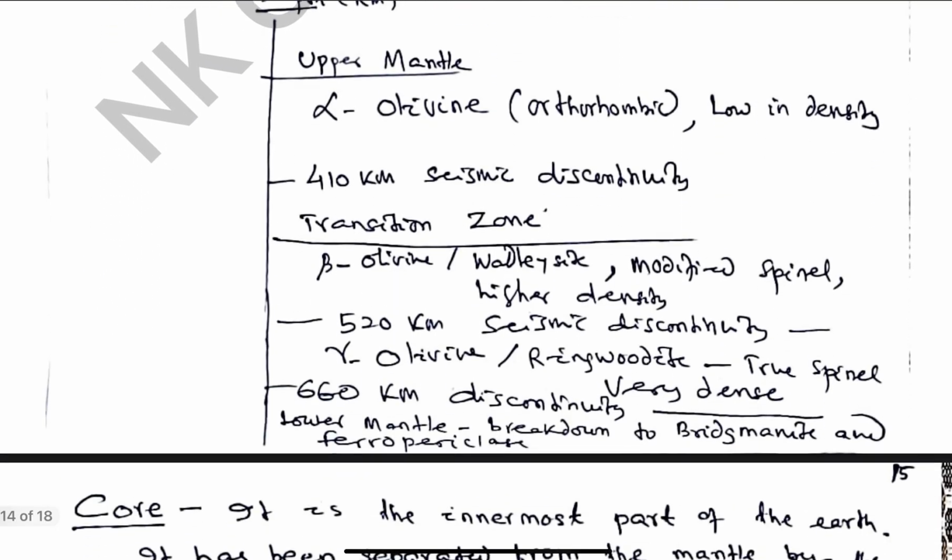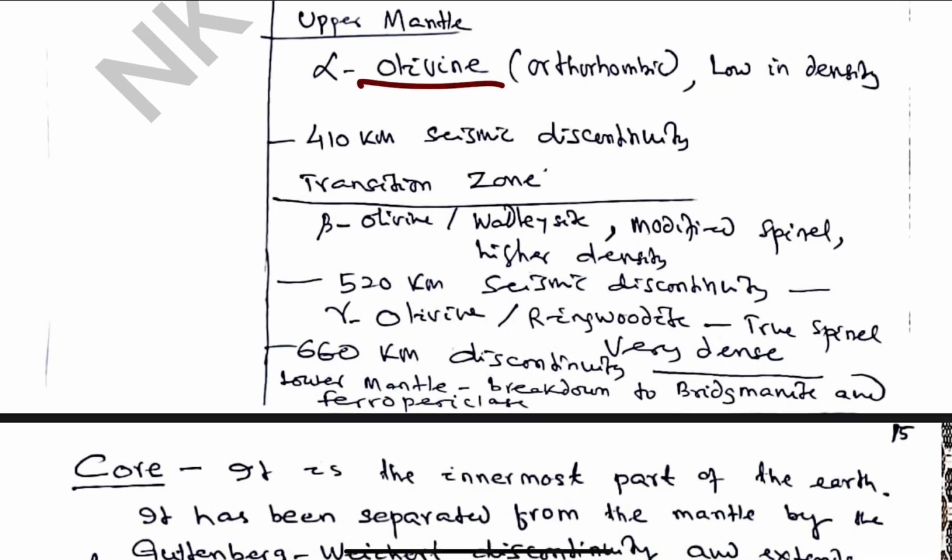So we can say alpha olivine dominates in the upper mantle, and in the transition zone below 410 kilometers depth, the alpha olivine changes to beta olivine or wadsleyite. At 520 kilometers, it changes to gamma olivine or ringwoodite, and there is a seismic break.